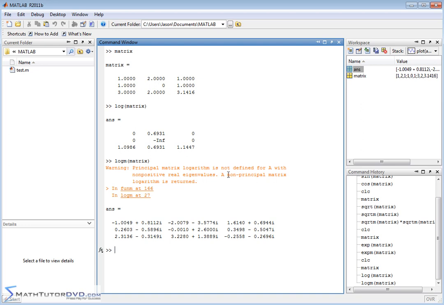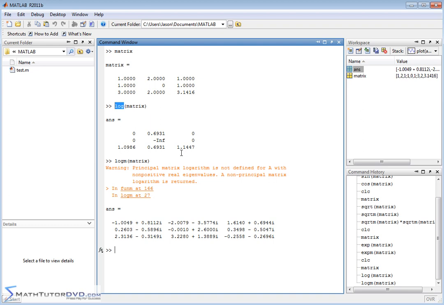It's all about the mathematical definition of how this is done. And here's the answer that it calculated, which gives you the matrix logarithm, which looks totally different than this element by element business. So in general, if you use the regular old command from Matlab that you've used before, like square roots, exponentials, and logarithms, then it's going to go element by element. In most cases, that's probably what you want.